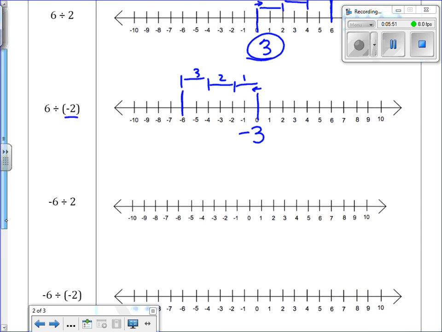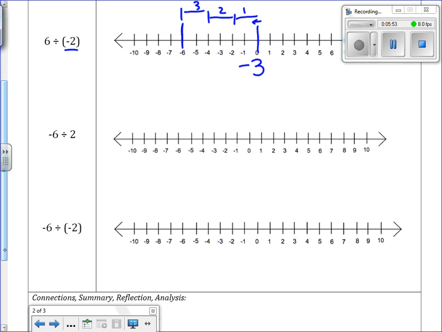Let's go ahead and try this again. I have negative 6 divided by 2. So I'm starting at 0. And I want to end up, since I have that negative sign in front of the 6, it says, okay, go to the left. And since we're ending up at negative 6, I'm moving 2 groups.